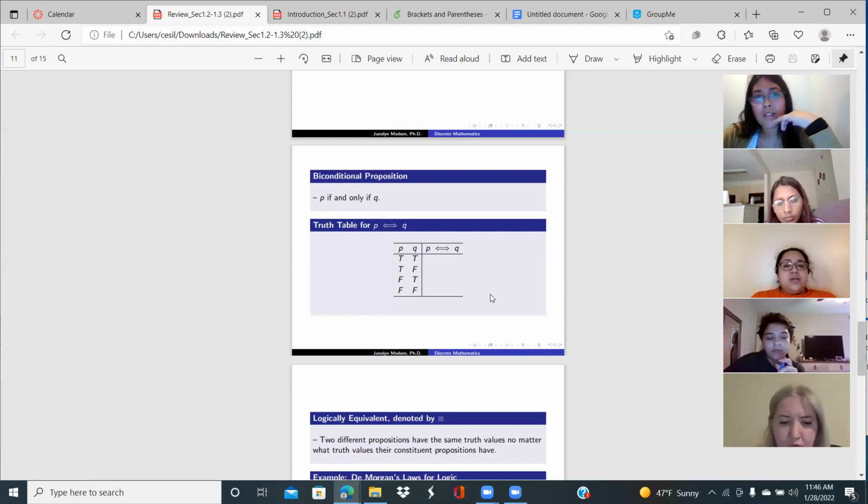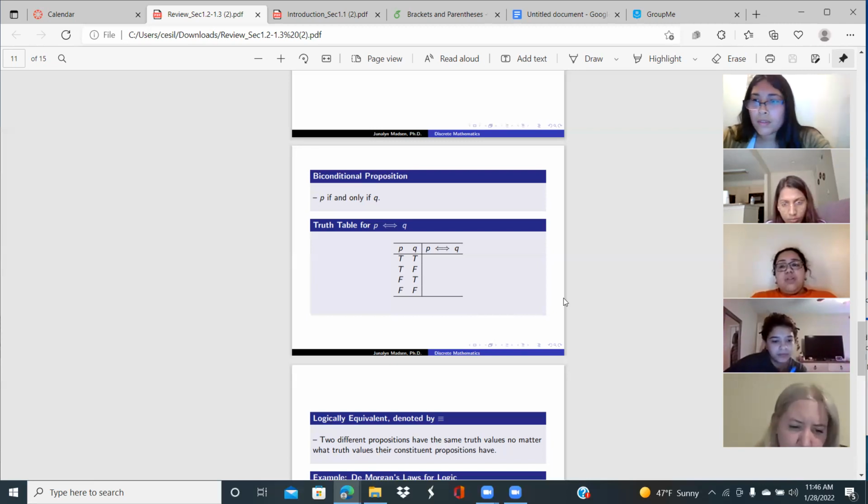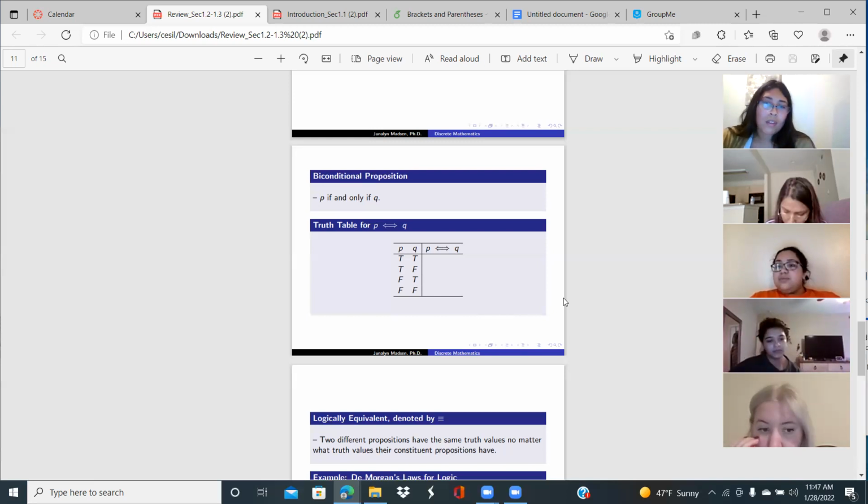It's like the true would be true and the false would be true, but if it's one of each, it's going to be a false statement. If and only if means it has to work both ways. So it's kind of like and, but in this case, false and false is also true. Yes.